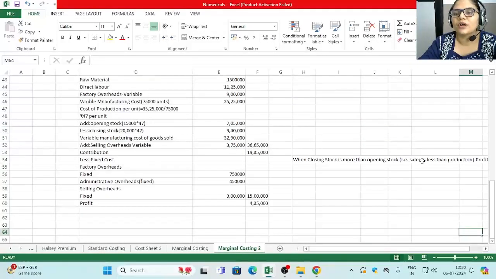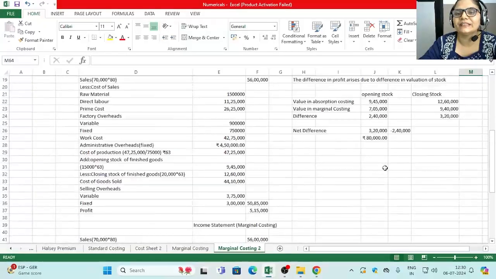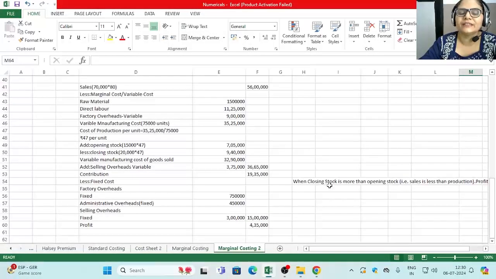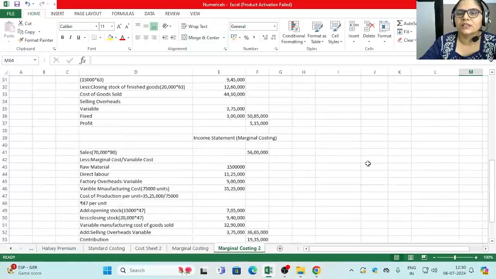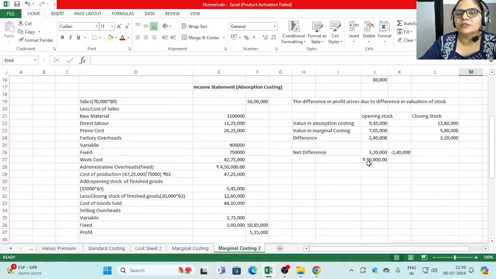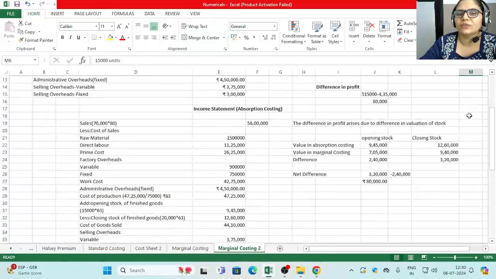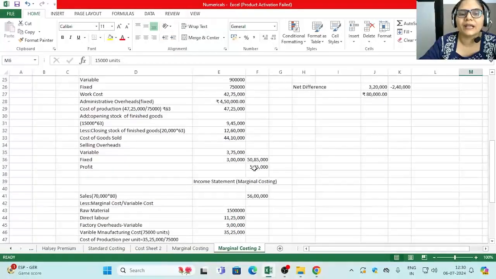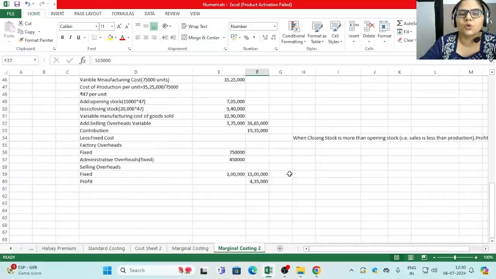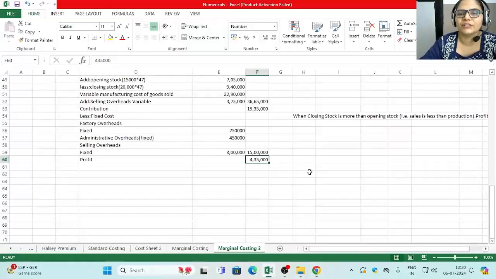When closing stock is more than opening stock, it simply means sales is less than the production. Here, closing stock is more than opening stock: closing stock is 20,000 and opening stock is 15,000. The profit under absorption costing is more than the profit under marginal costing.